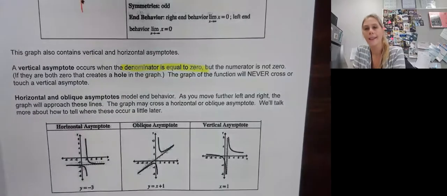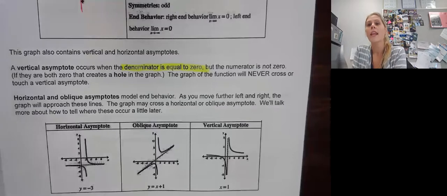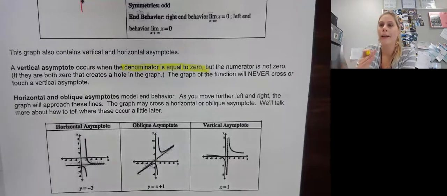And then that is our vertical asymptote. There are situations, which we will come into in the future, that we have holes in our graph. It's when you can cross something out. But the truth is, the vertical asymptote trumps the hole.